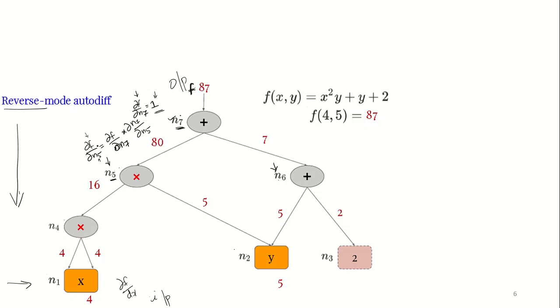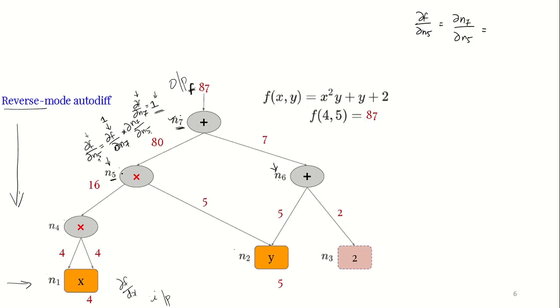So that is the relation: f depends on n7, and n7 depends on n5. We know from the previous step that dou f by dou n7 is 1, and we have to find dou n7 by dou n5. The other term is only 1, so it has no effect there.